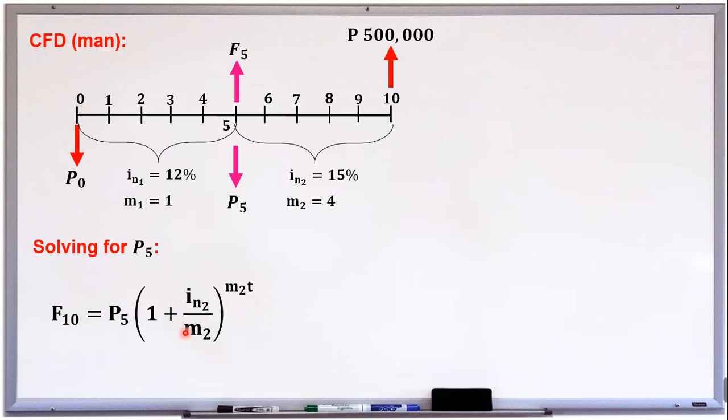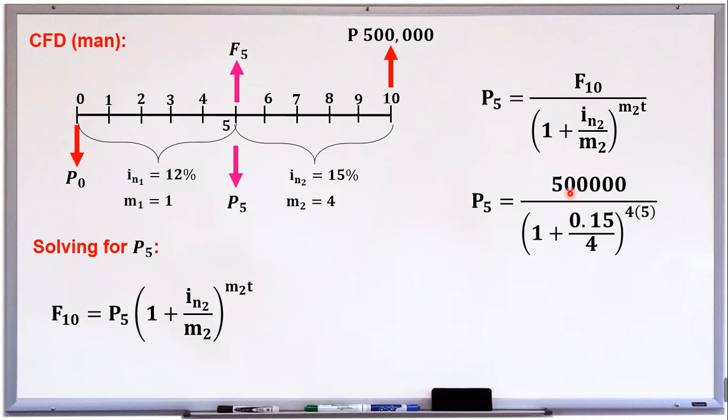Now we're going to modify this one to solve for P5. So P5 is equal to this expression. Now the t here is equal to 5 years, because this is the number of years between year 5 and year 10.